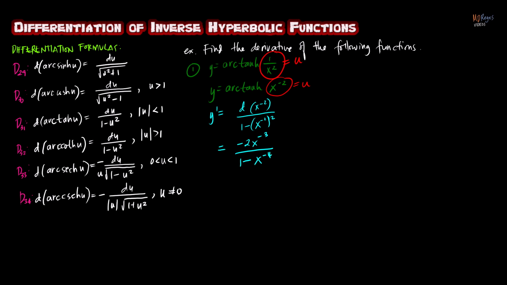Now simplifying our answer by making all the negative exponents positive, we'll have the numerator as negative 2 over x cubed, and the denominator as 1 minus 1 over x to the 4th.